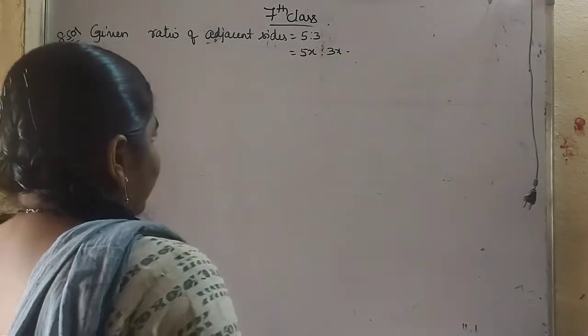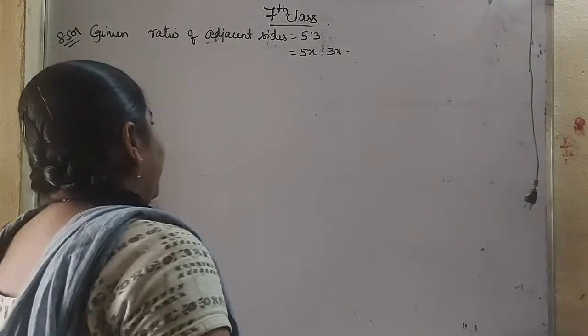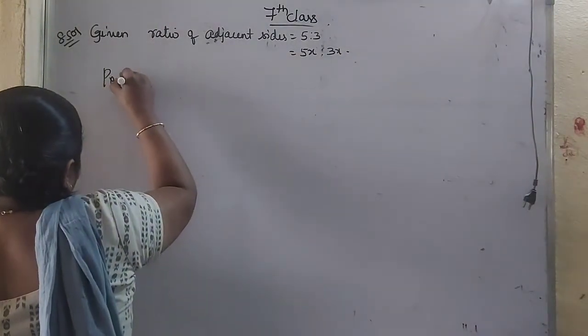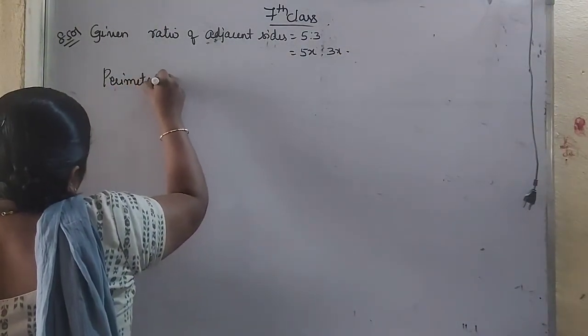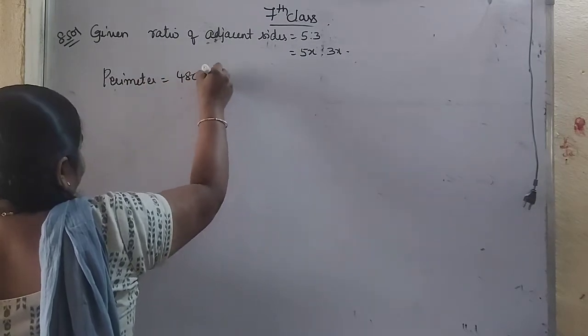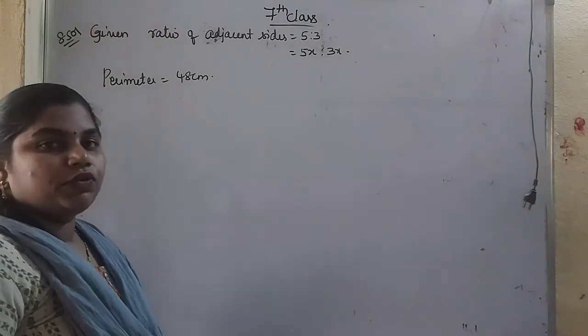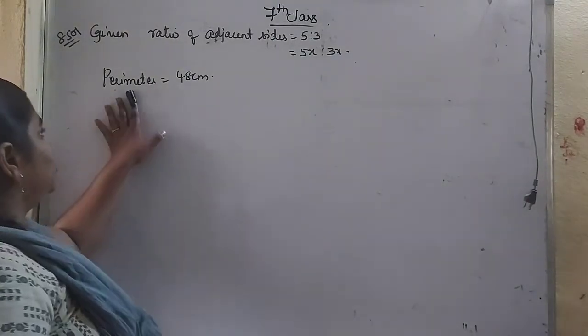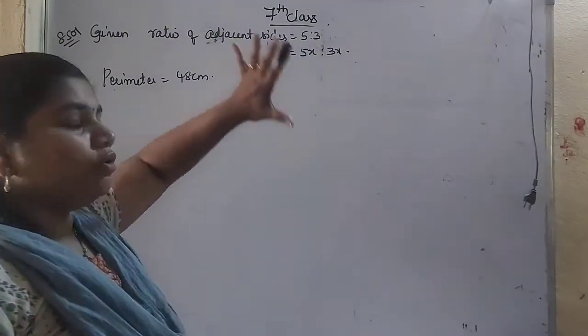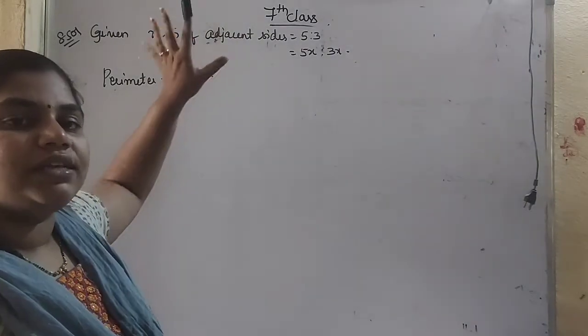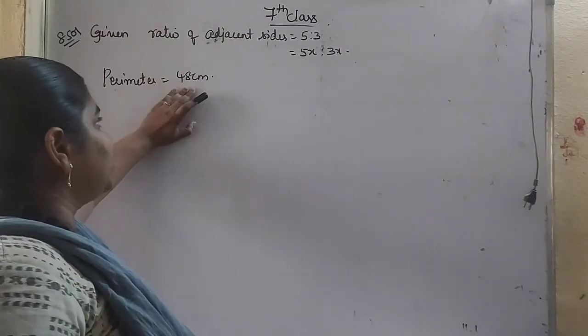So we have taken it as 5x and 3x, and the perimeter they have given as 48 centimeters. So what is the perimeter of the parallelogram here? That is 48 centimeters. This perimeter is the addition of all the sides. If you add all the sides in a parallelogram, you will get 48.